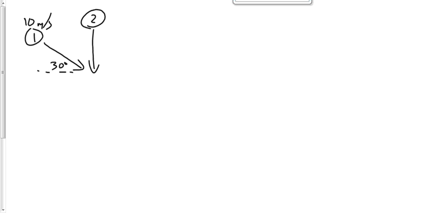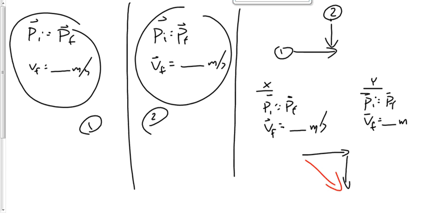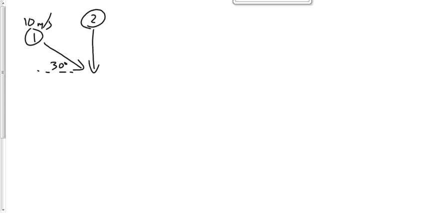What do we do? What makes this different than the problem that we just saw on the last page? If the problem was like this, then we would simply say pi equals pf twice. If the problem's like this, then we're simply going to say pi equals pf twice.